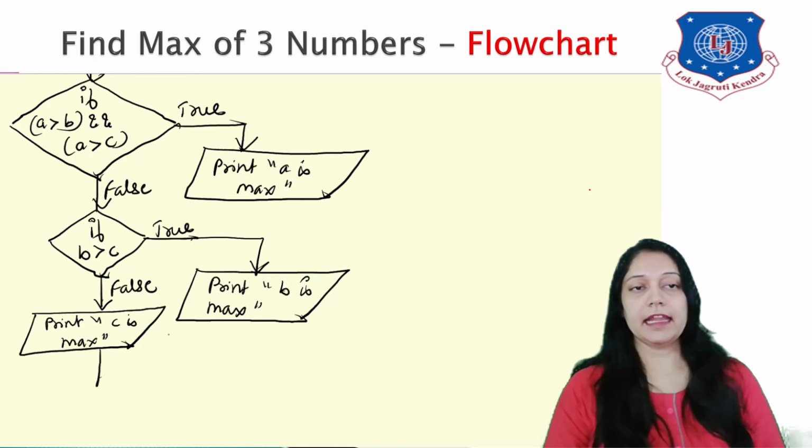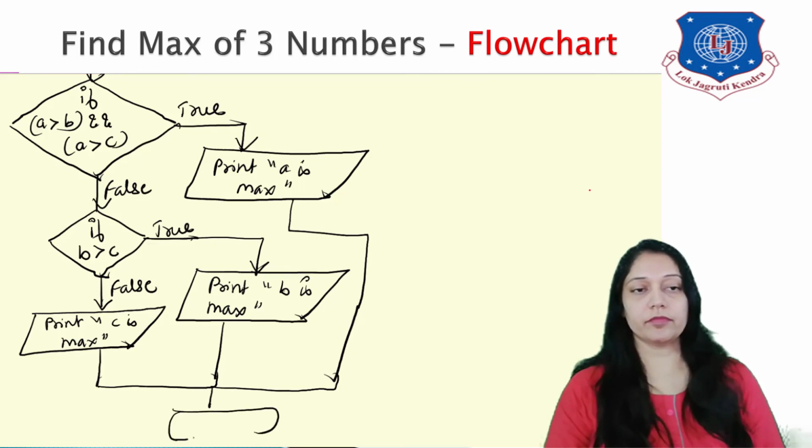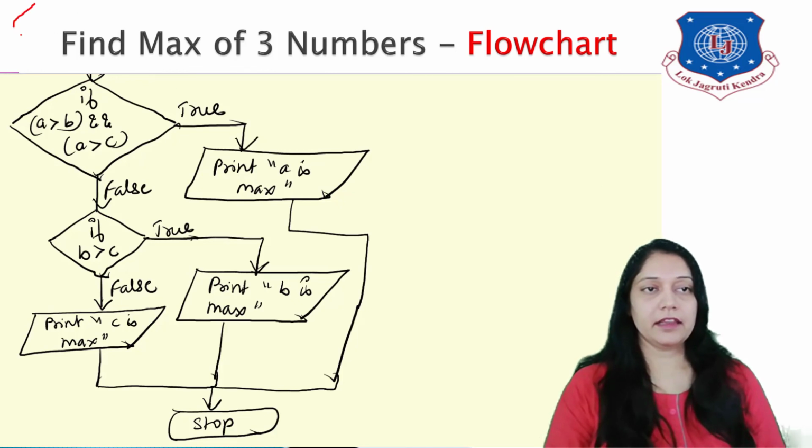Now I'll connect all the print symbols, because after every print symbol I should stop my flowchart. So I'll connect the outputs of all the print symbols and then draw the stop symbol. So you can see here that if this condition is true, then we'll follow this part where A is maximum, and then we'll come here and stop.